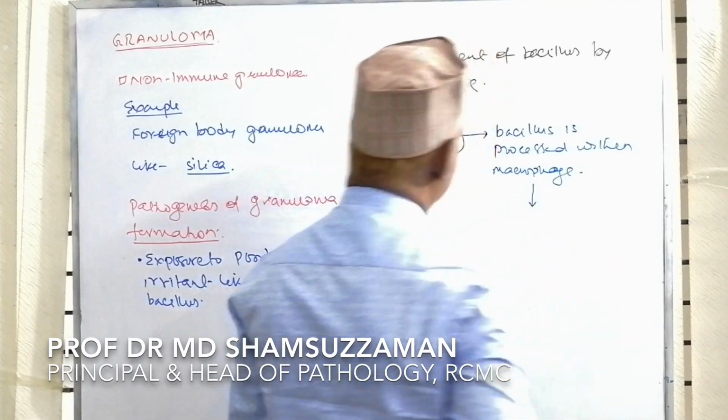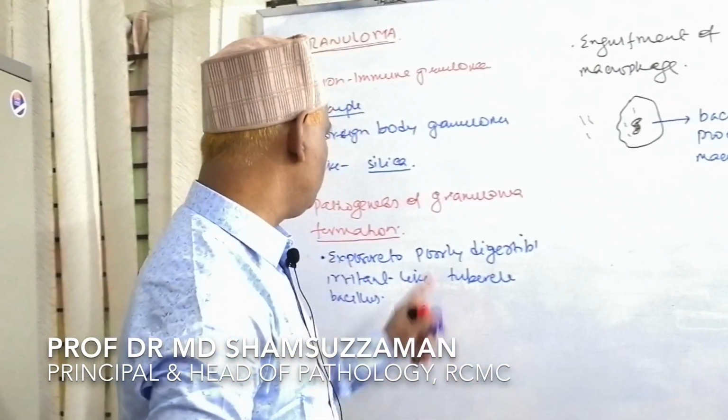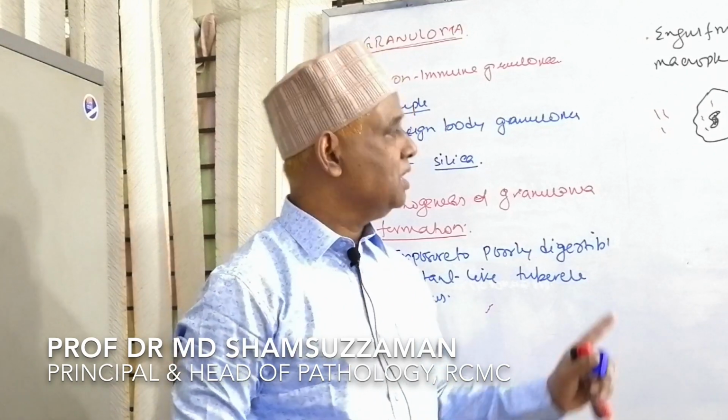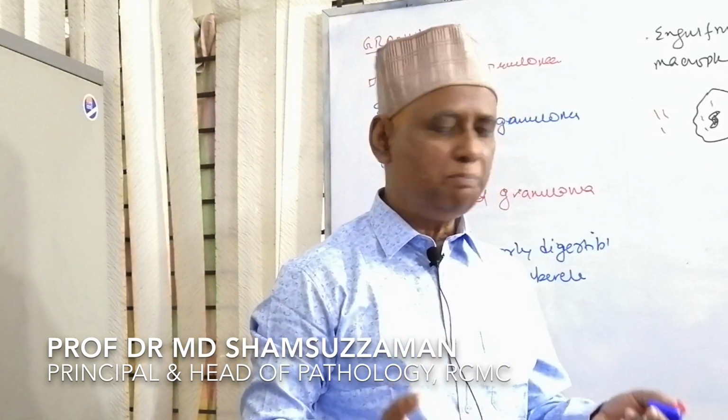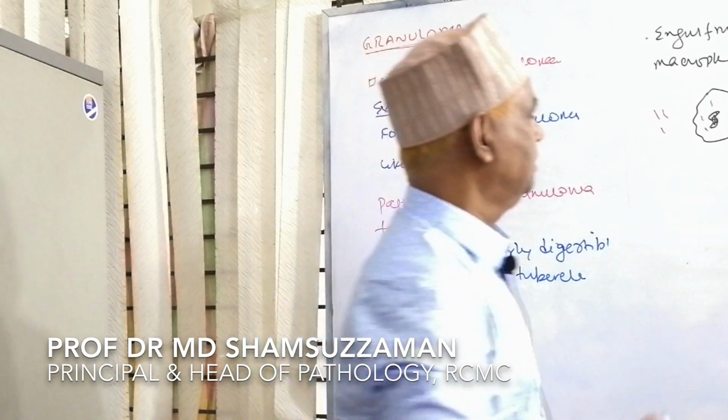Later on, some portion of this poorly digestible irritant, some portion of the processed bacillus, is presented to T lymphocyte by the macrophage.